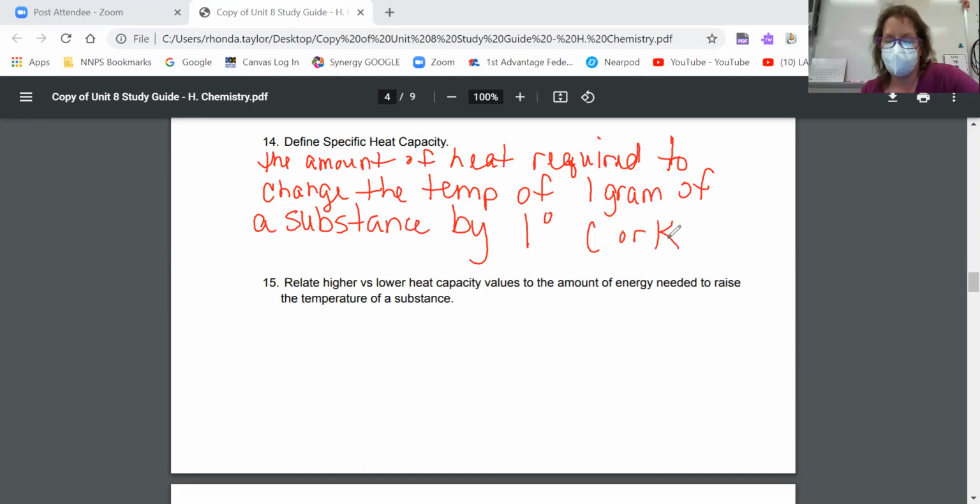We don't usually use the degree mark with Kelvin, but okay, so how much heat or energy is required to change the temperature of 1 gram of a substance by 1 degree Celsius.